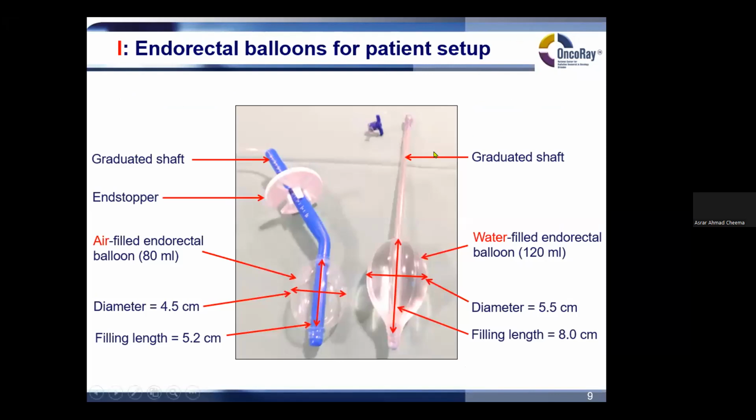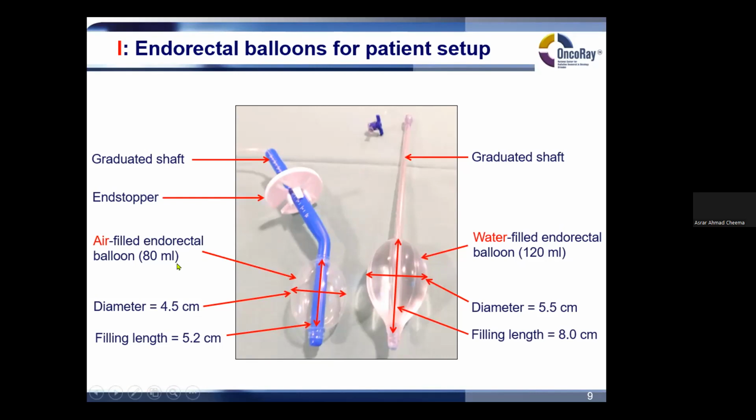These were the two endorectal balloons for patient setup, an air-filled endorectal balloon and a water-filled endorectal balloon. Both balloons had a graduated shaft and end stopper to get a reproducible insertion of the endorectal balloon to the level of comfort of the patient.